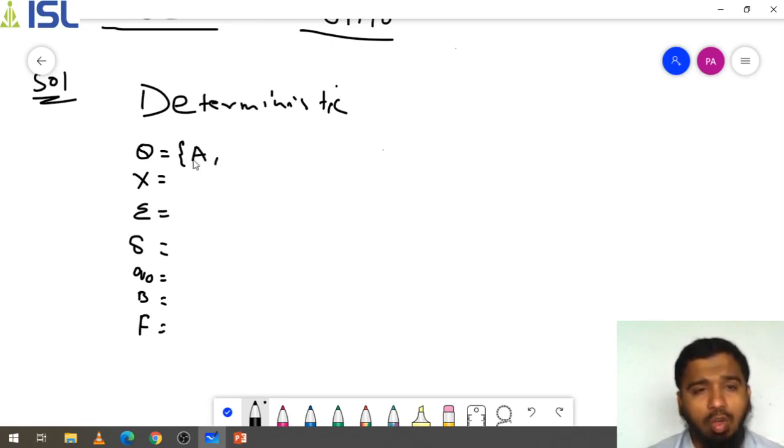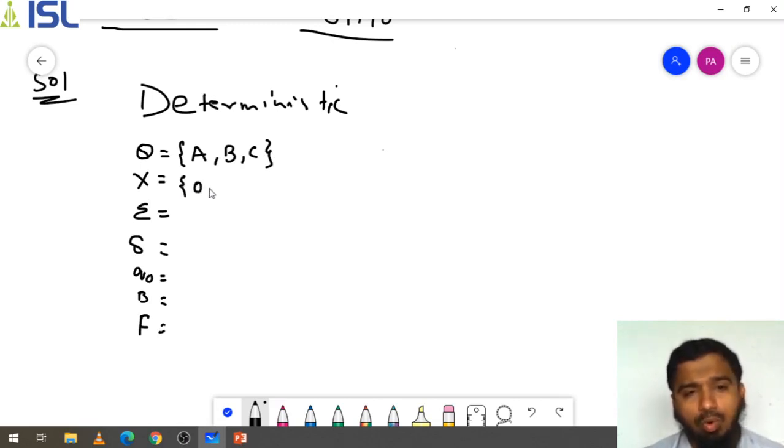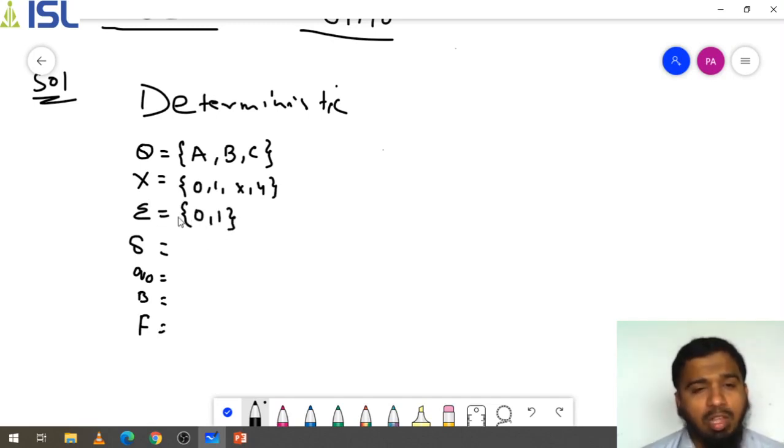I am taking A, B, C, and the tape symbols are 0, 1, X, Y. And sigma, the input, I am taking 0, 1. X and Y are the symbols present in the tape.